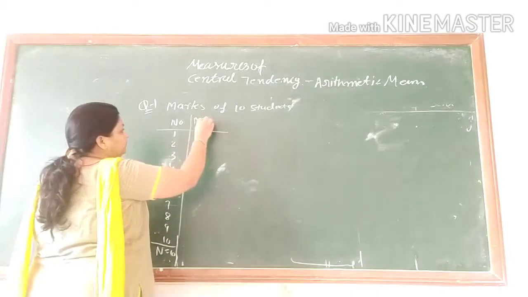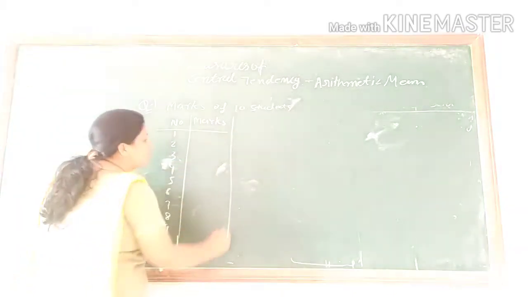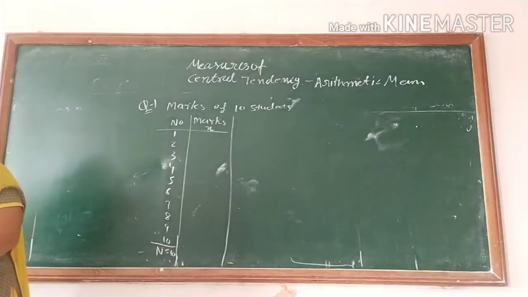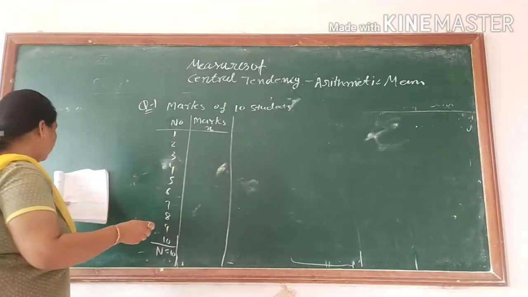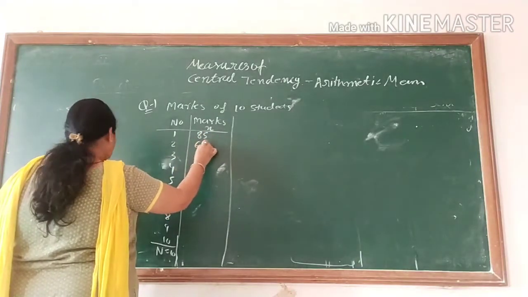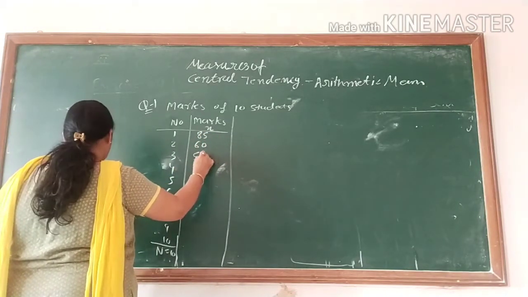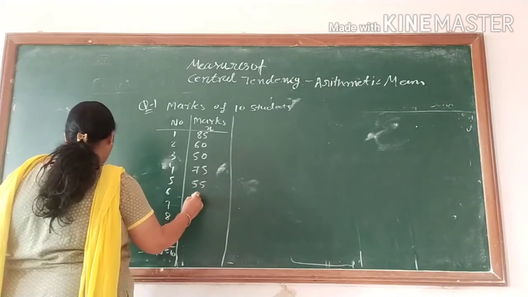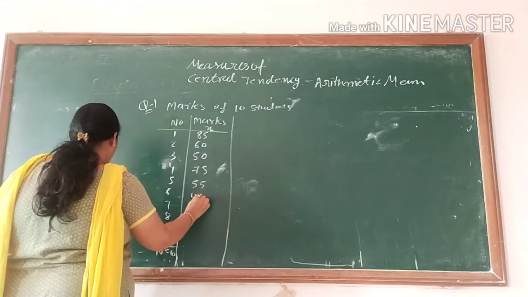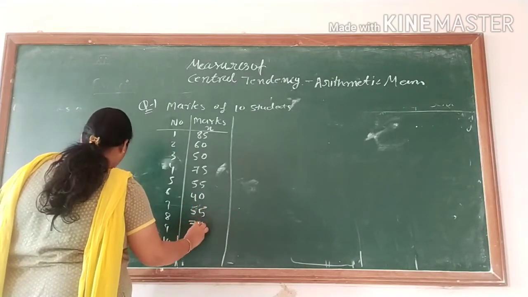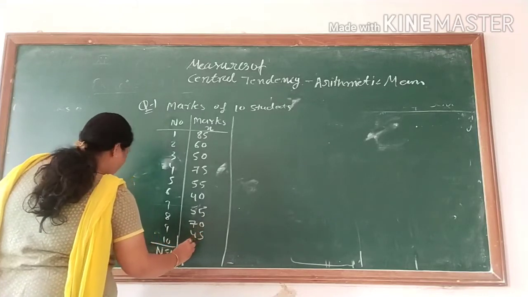Now marks. Marks are called your x, your observations. So how much marks is given, beta? So write down 85, 60, 50, 75, 55, 40, 55, 70, 45 and 65.